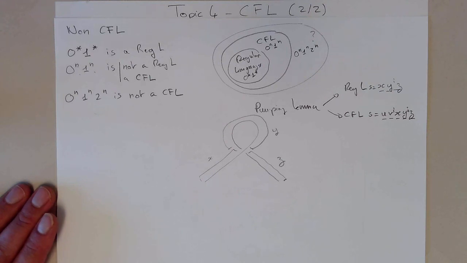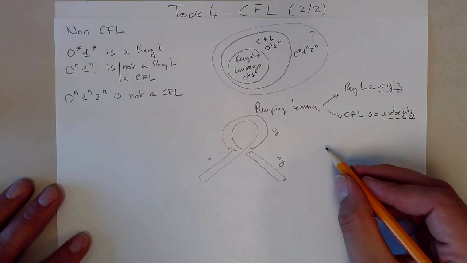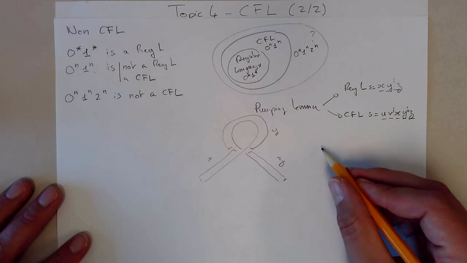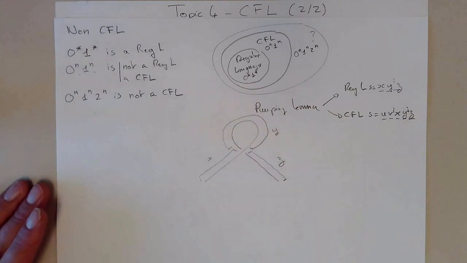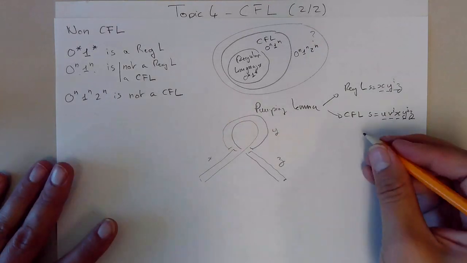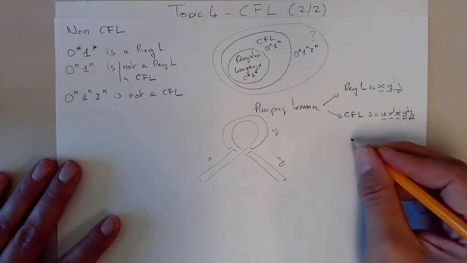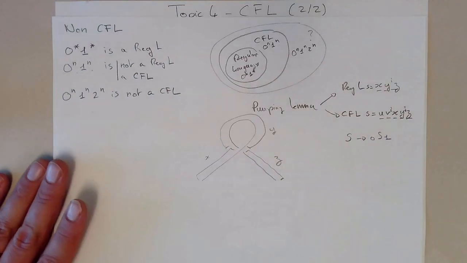Well, you always have the looping over the middle pieces. Typically, a context-free grammar is at its most powerful when you have something of this form. That's a typical form.